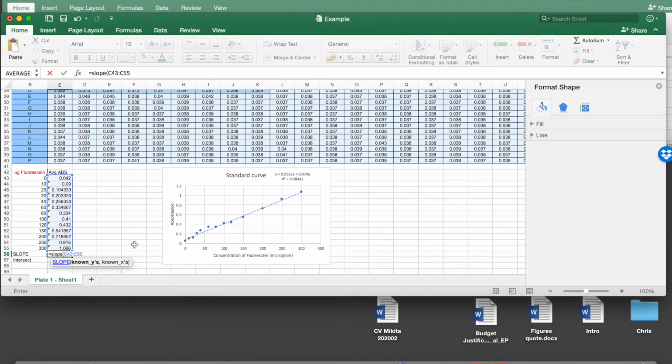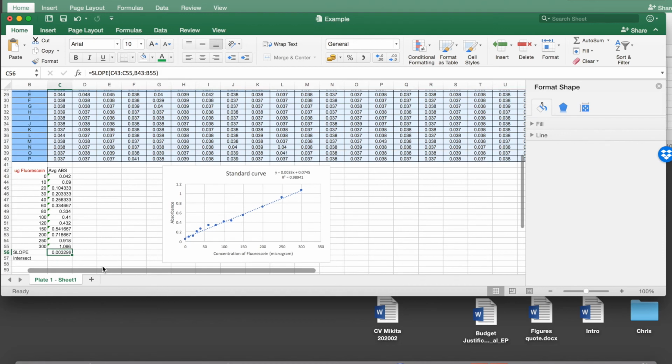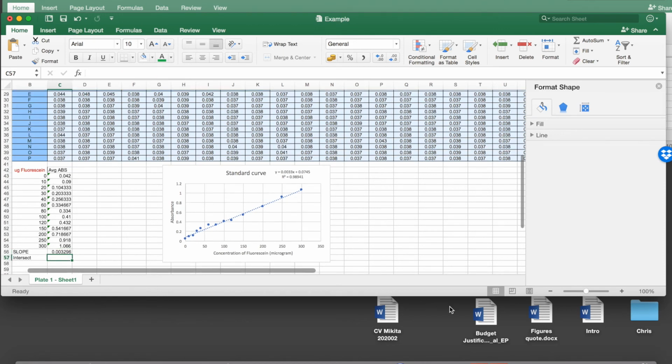And then we put a comma. And it's asking what is our known axis. Our axis is the concentration of fluorescein. And here it's our slope. And it matches with the slope we found here on our equation. Now we ask for the intercept.